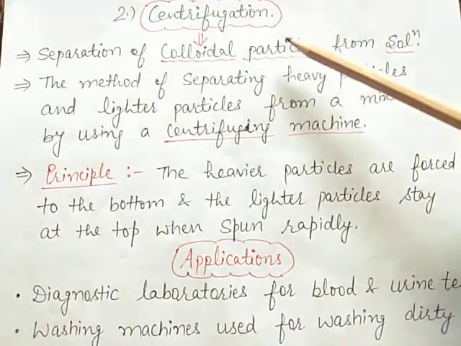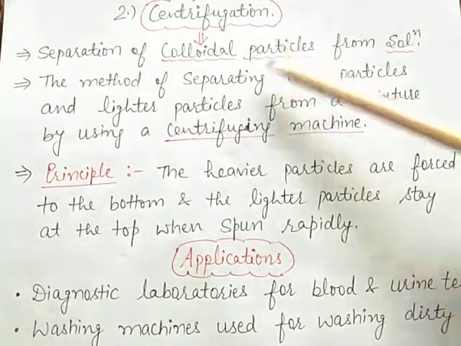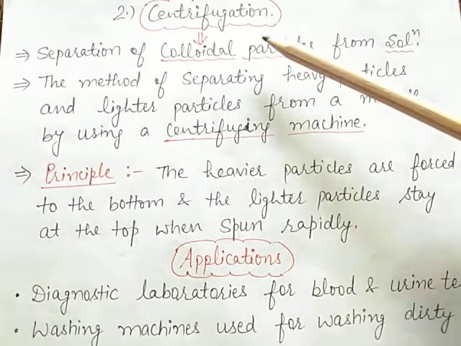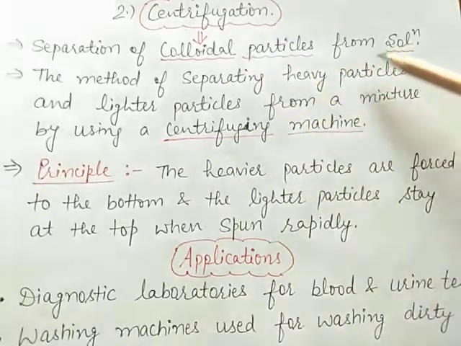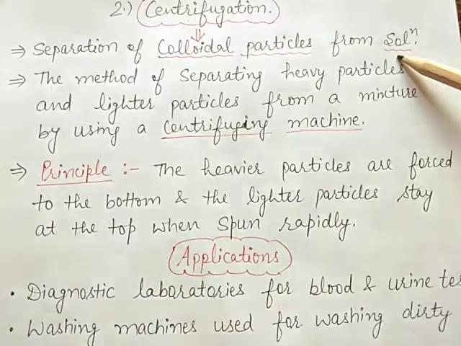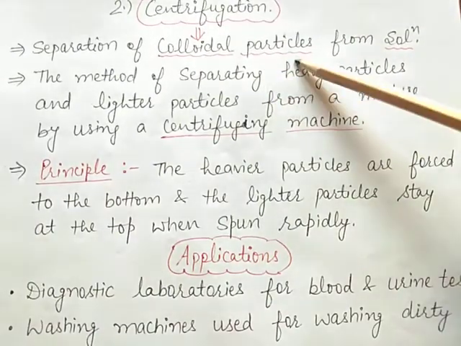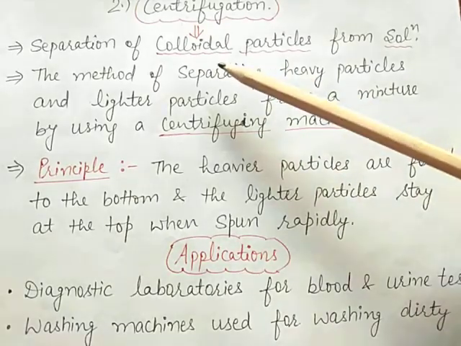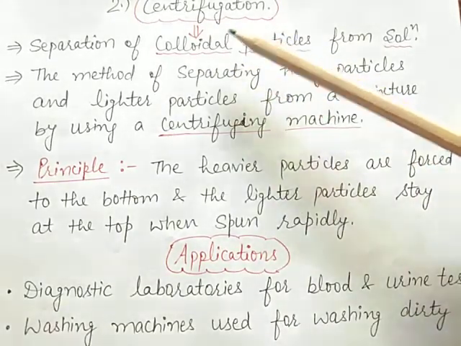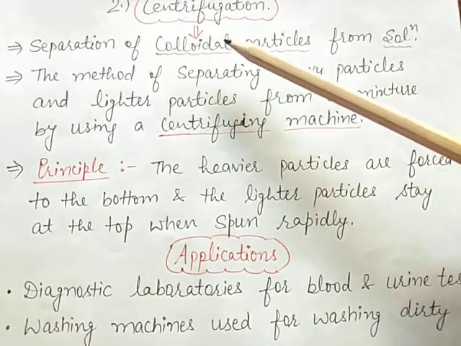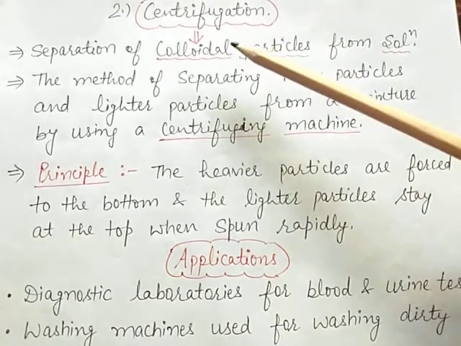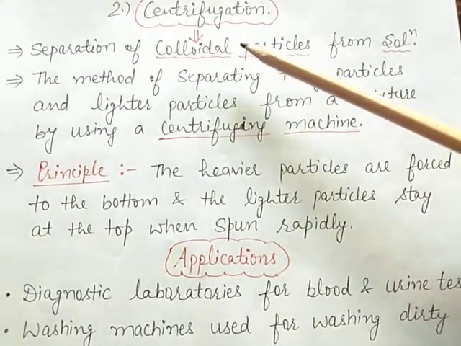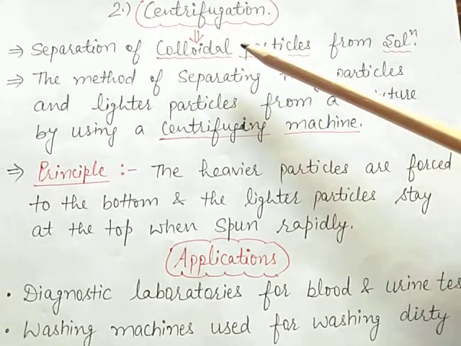Now the second method is centrifugation. Centrifugation means the separation of colloidal particles from the solution. How are the colloidal particles separated? In this method, two components having a difference in densities, meaning one is heavier and the other is lighter, can be easily separated by centrifugation.